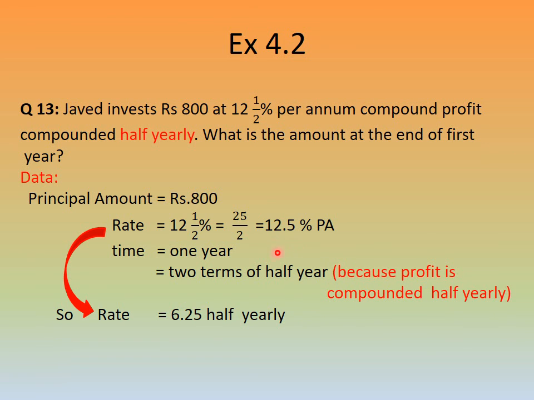This is the key point. This would be the difference from the remaining questions. You have to be very careful while writing time, while observing terms for the compound profit. As it is half yearly, we will divide our rate by 2 terms. It would be 6.25 half yearly.